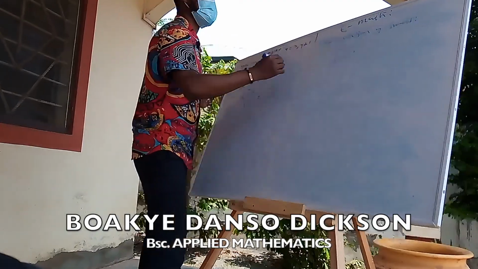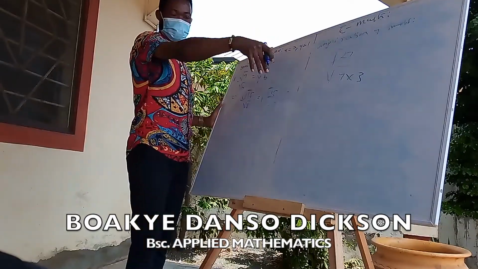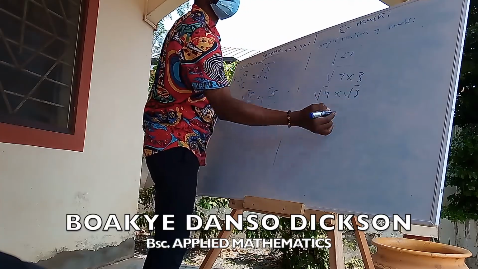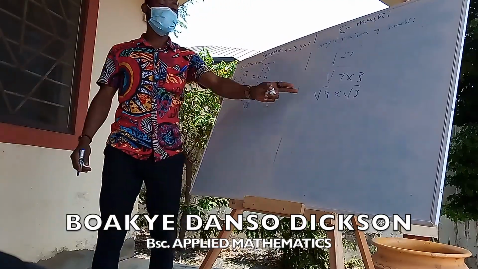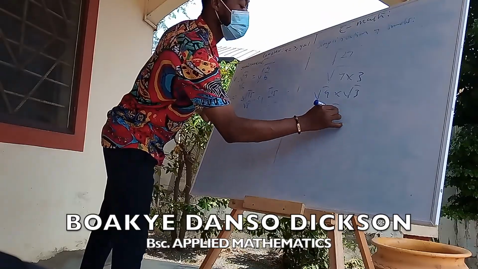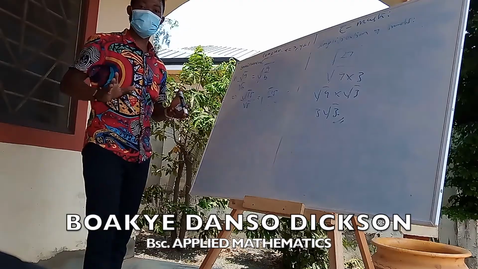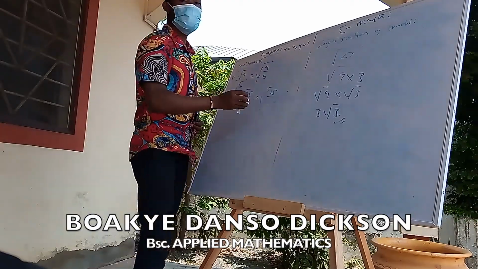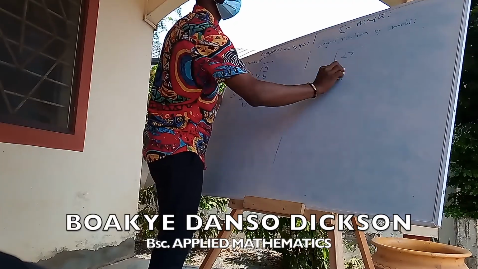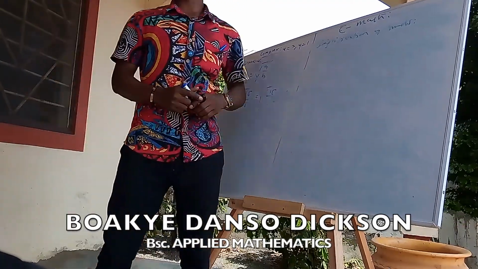So I have root of 9 times 3. I break them into surds. So I have root 9 times root 3. So what is the square root of 9? So we have 3 root 3. Very easy. Surds are very easy, not very difficult.